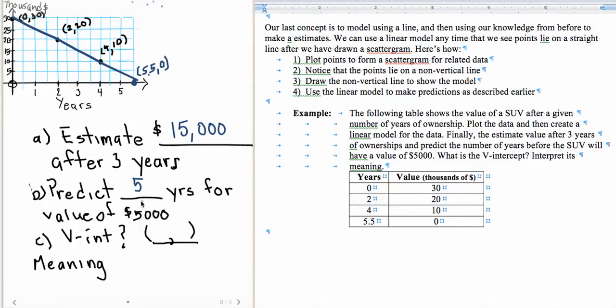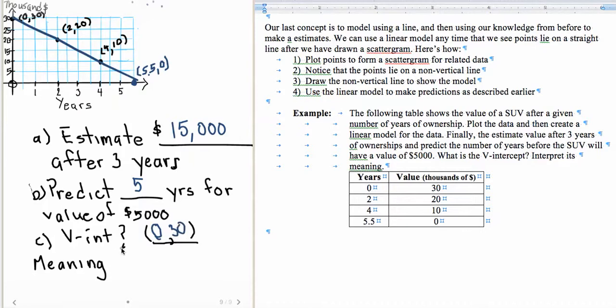The next thing I want to find is the v-intercept. The v-intercept in this case is my y-intercept. It's the dependent value. So the v-intercept is where it intersects the v-axis, the value axis, and that's at 30,000. So this is x, our independent variable, being equal to 0, and we have 30 for the dependent.